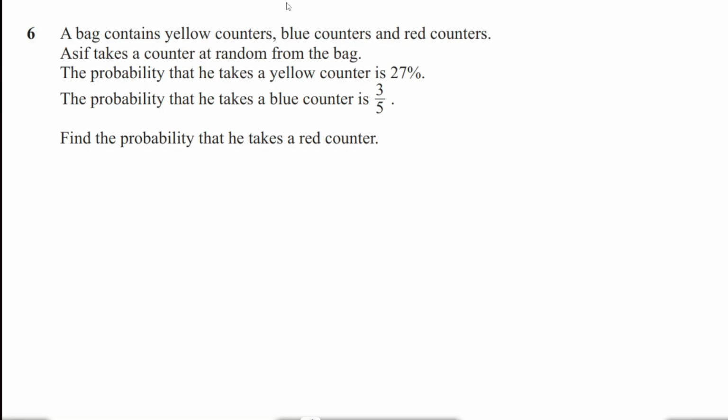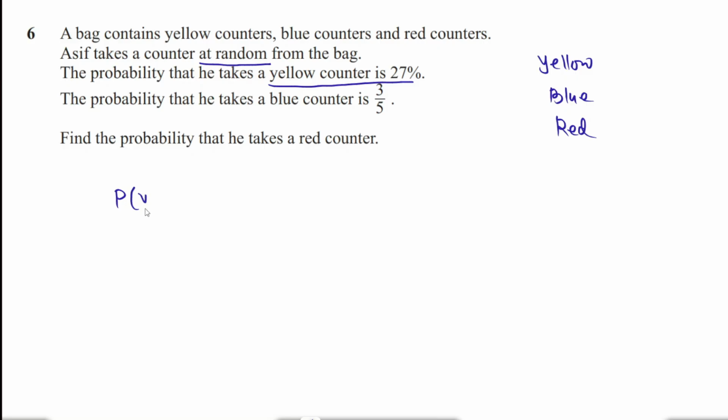A bag contains yellow counters, blue counters, and red counters. So we are having here yellow, blue, and red. Asif takes a counter at random from the bag. The probability that he takes a yellow counter is 27%.